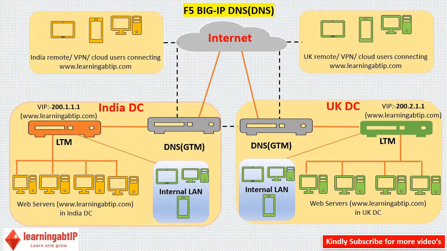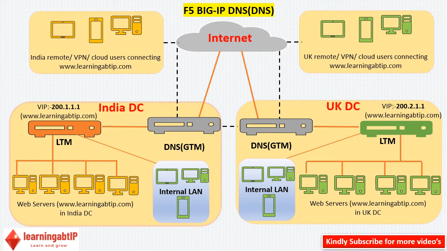Okay, so now you have an LTM managing local traffic of the Learning About IP web server. So far, so good. Now you want this website to be accessible from the internet. Remote users using VPN should connect. Users connecting to your network through cloud should be able to connect to the website.